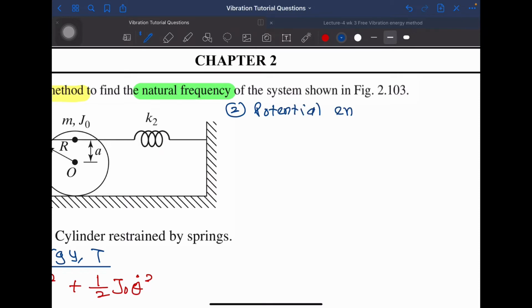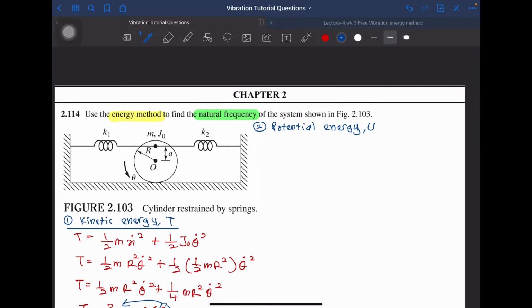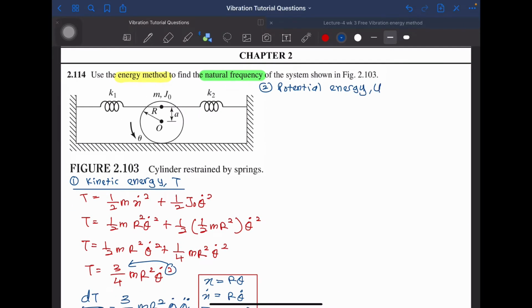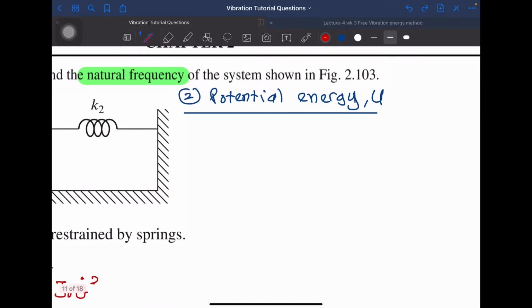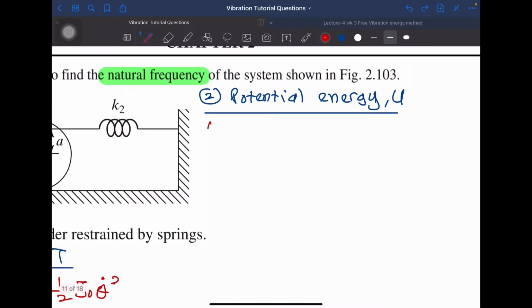So potential energy, which is the U. The potential energy for this part is only for the K. So the potential energy will be half k x squared. For k1 it is half k1 x1 squared, and for k2, half k2 x2 squared.